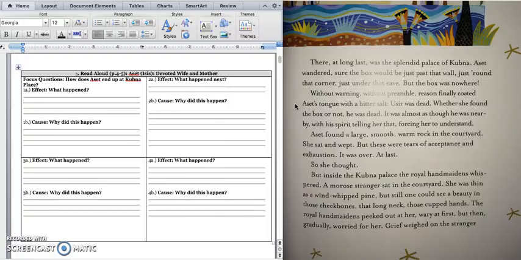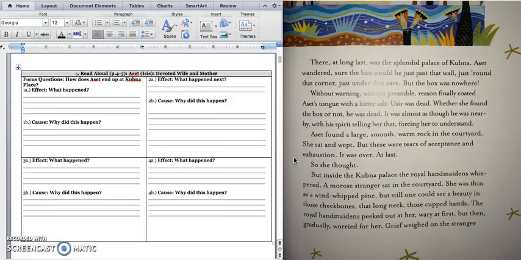Whether she found the box or not, he was dead. It was almost as though he was nearby, with his spirit telling her that, forcing her to understand. Aset found a large, smooth, warm rock in the courtyard. She sat and wept. But these were tears of acceptance and exhaustion. It was over at last.